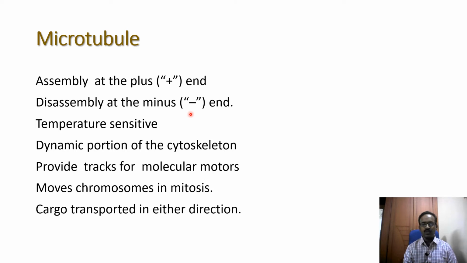That means the growth is interrupted. The microtubule subunits are not attached to the minus end. The growth of the microtubule is temperature sensitive. Disassembly mainly occurs in low temperature, cold conditions.